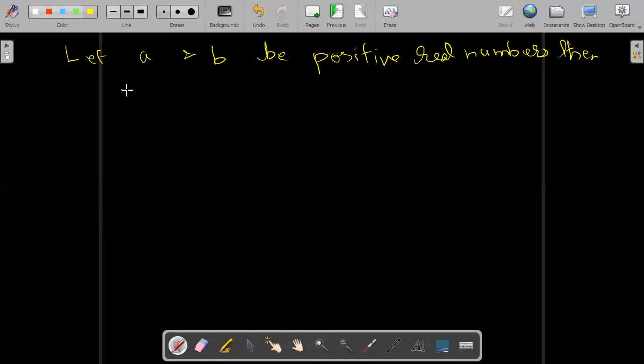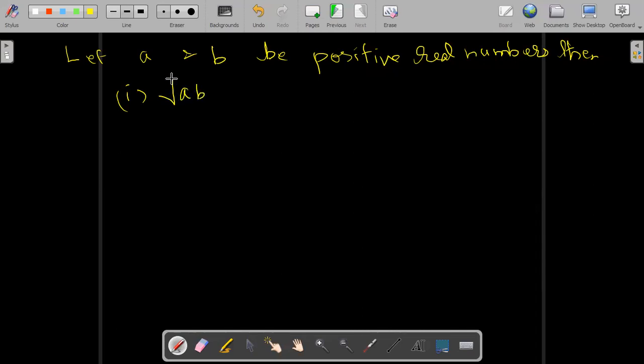Then you may have seen in class 8 the square root of A into B. If two numbers are in the root, we can write their roots separately, or the opposite of this: if separate roots are given, we can write them in the same root. We have root A into root B, we can write root A into B. We can multiply them and write the root.